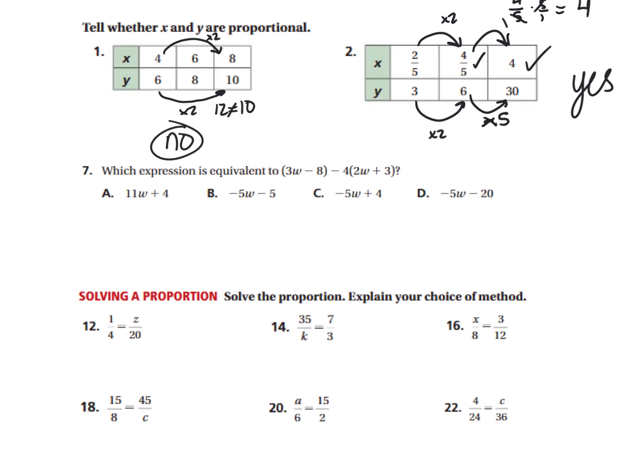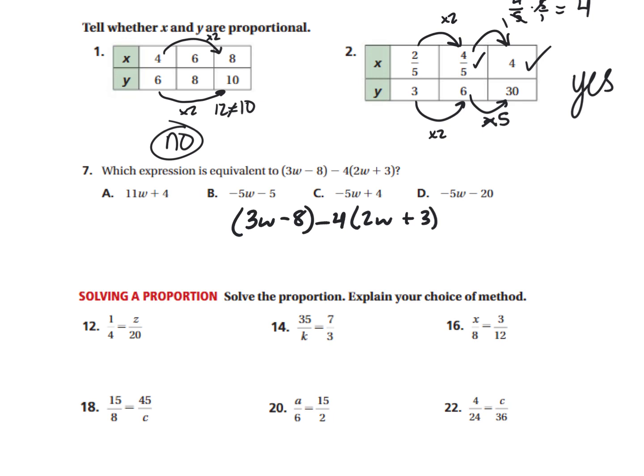Alrighty, number 7, it looks like a lot, but all we're doing is combining all of our like terms. So if we rewrite all of this out, we should get this.